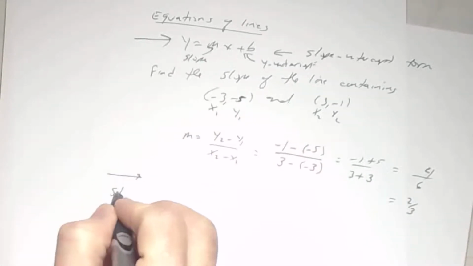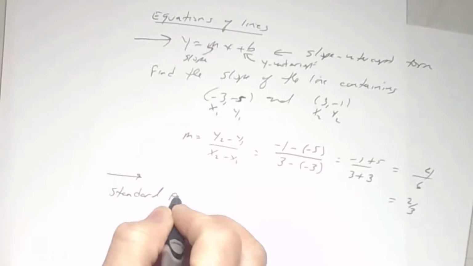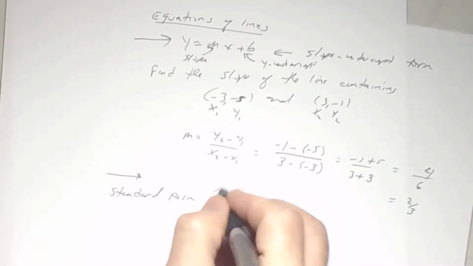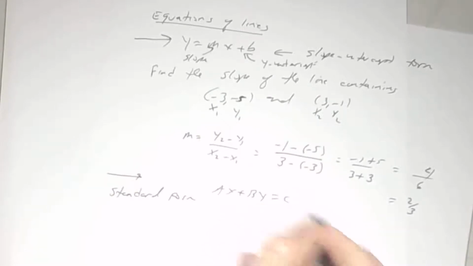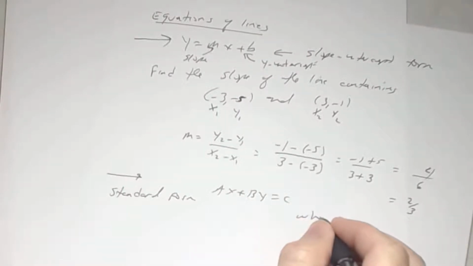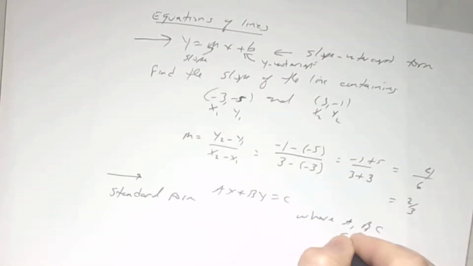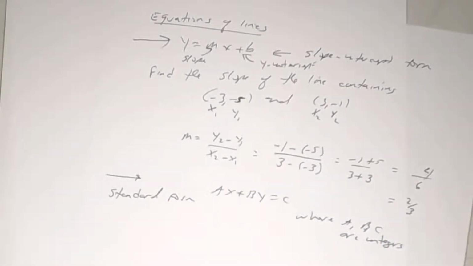This is standard form: ax plus by equals c, where a, b, and c are integers, which means there are no fractions. So when you write in standard form, you don't want any fractions.